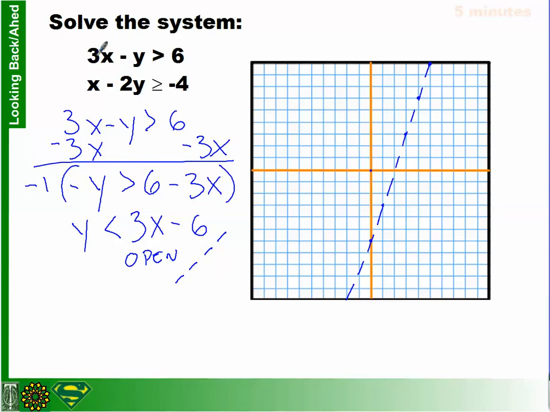So 3 times 0 is 0. Minus 0 is greater than 6. Is that a true statement? No. This is as false can be. So since this is a false statement, I know that 0, 0 is not in the shaded region. Therefore, the shaded region must be on this side of the line.